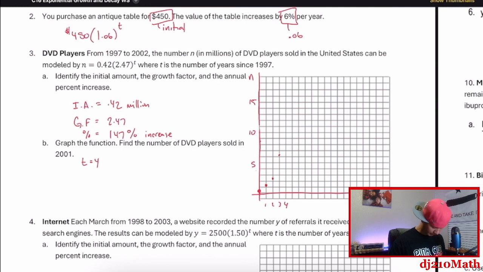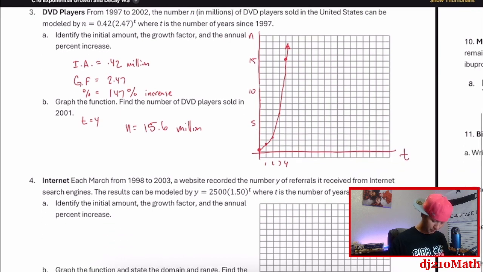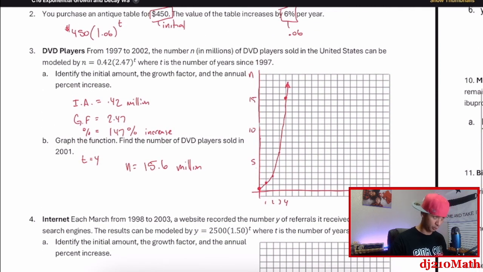And then 4 is going to be slightly more than 15. So it's actually going to look like this. So when t is 4, n is going to be 15.6 million, right, DVD players. Okay, that one is kind of weird. The graphing's kind of weird, but algebraically, we're just plugging in numbers.